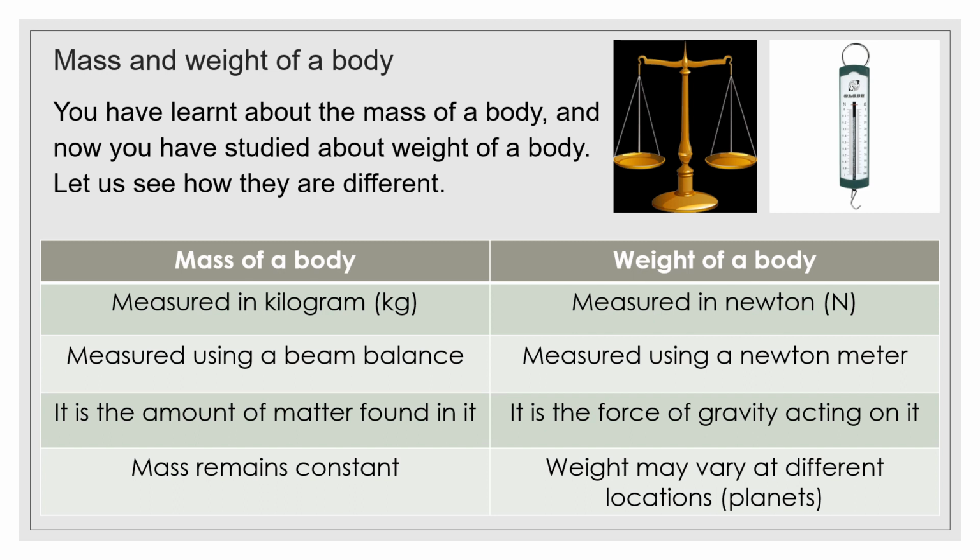Mass is the amount of matter found in a body, whereas the weight is the force of gravity acting on the body. We also know that the mass remains constant, whereas the weight may vary at different locations, such as on different planets. So mass and weight are two different things.